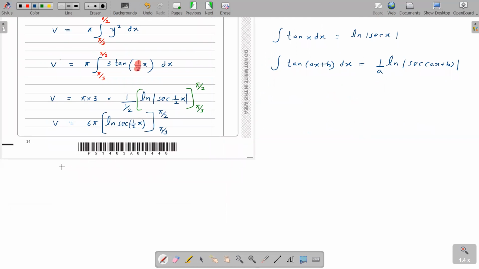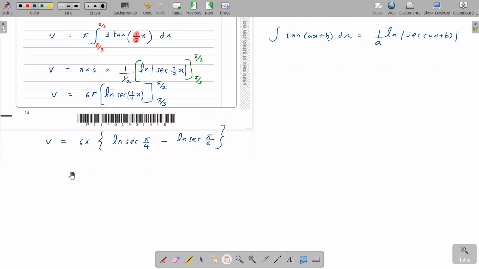So we end up getting 6 pi times ln sec of half times pi over 2, so that's ln sec pi over 4, minus ln sec of half times pi over 3, which is pi over 6. Are you with me? So how do we get the answer here? 6 pi times ln, you know, sec is 1 over cos, right? So inside the bracket, it's ln 1 over cos pi over 4 minus ln 1 over cos pi over 6.